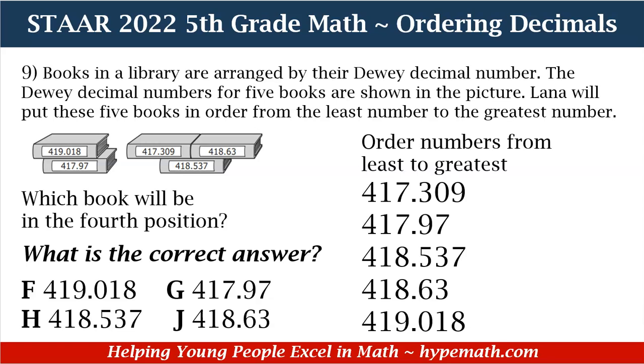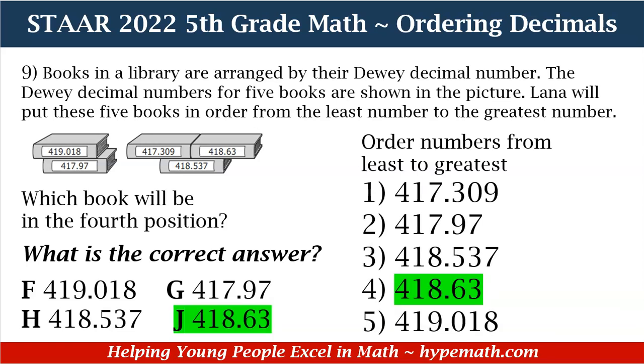Okay, so if you said that J is the correct answer, 418.63, you are correct, because with our list in order from least to greatest, the fourth number is 418.63, and that is J. Good job. Let's move to question number 10.